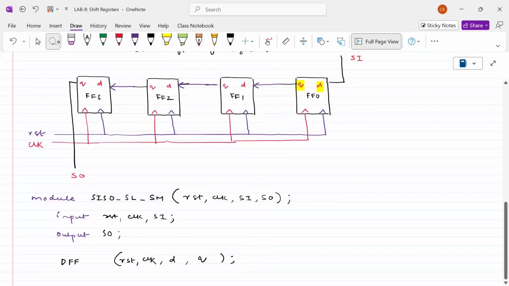we are going to write the formals and actuals method. Now, the dot RST of the flip-flop is connected to whom?